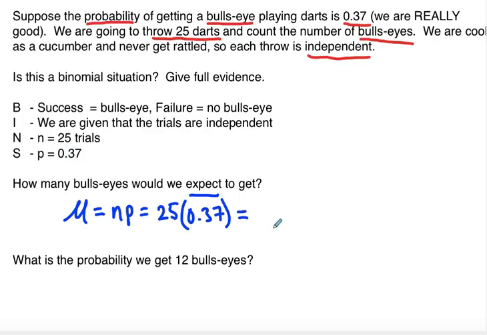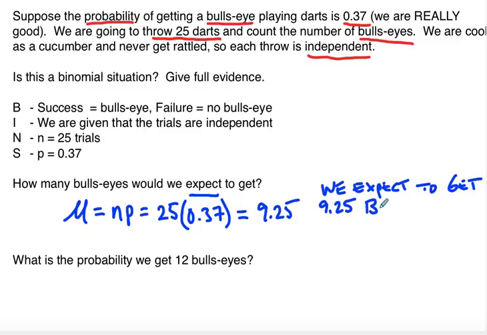So do 25 times 0.37 and you get 9.25. So we expect to get 9.25 bullseyes in 25 throws, on average, we should say.